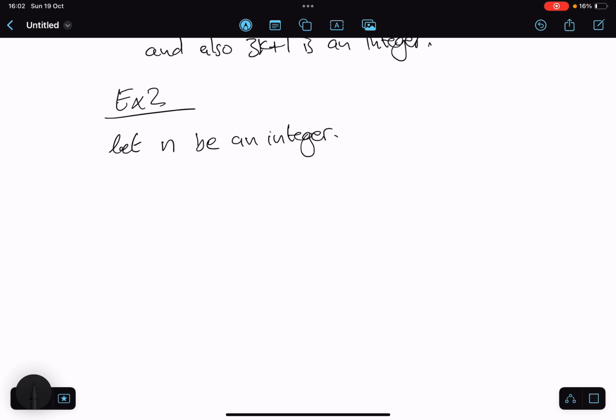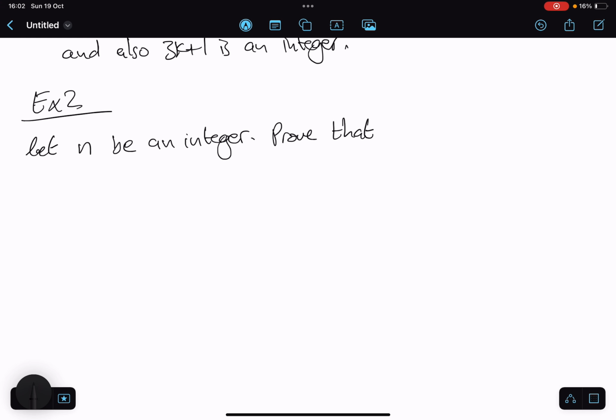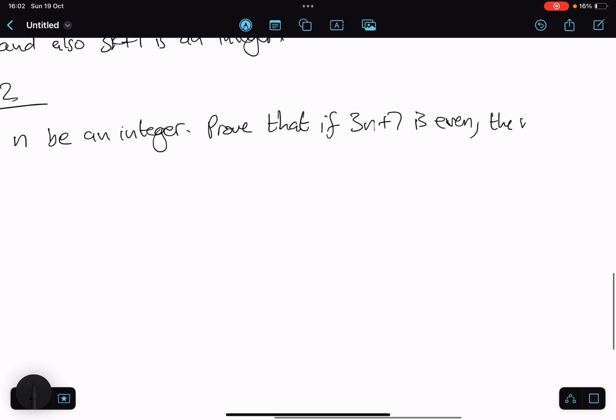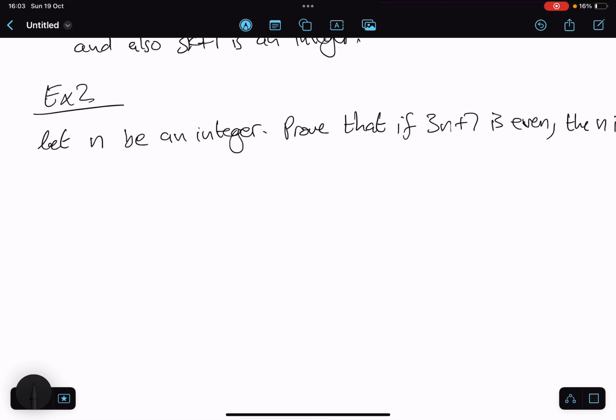And then we are going to say prove that, using the same sort of expression, prove that if 3n plus 7 is even, then n is odd.